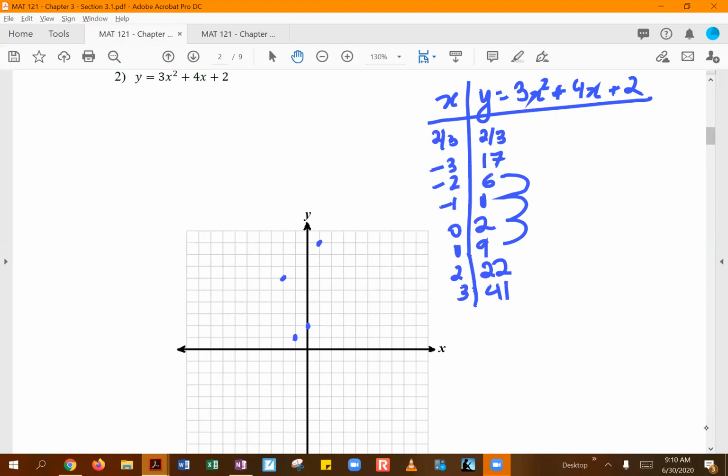So approximately that's like, you can think of 0.666 repeating, so about 0.7, and this should be negative, sorry. We should be able to estimate where that point is going to be, and that's actually going to be the lowest point on our graph. So it's going to look something like this.